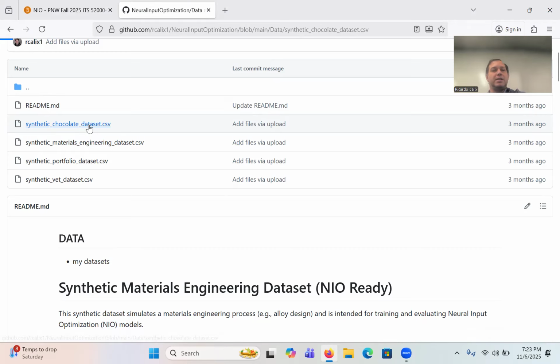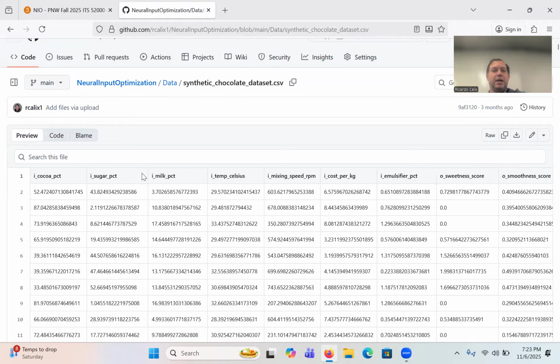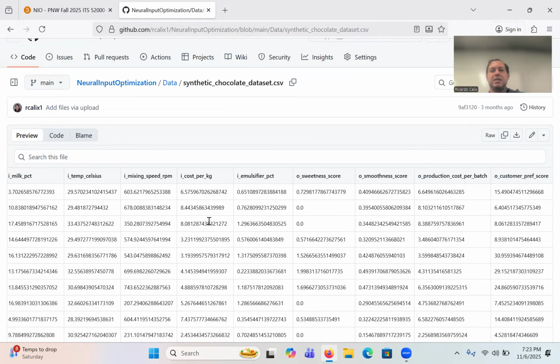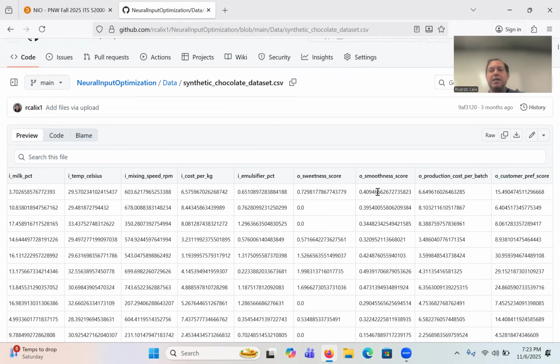So a chocolate data set: you put in so much sugar, milk, temperature, maximize this, and then you obtain sweetness, smoothness at a production cost per batch. Do you guys understand? And they're separated by input and output. So the I indicates input, the O indicates output. So you train the model for this, and then essentially, given these conditions, I get this type of chocolate.